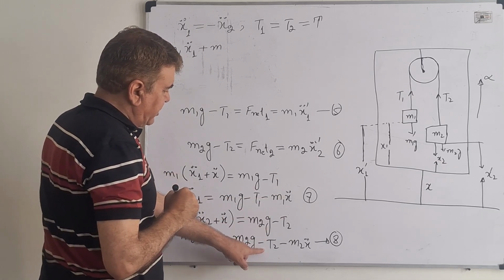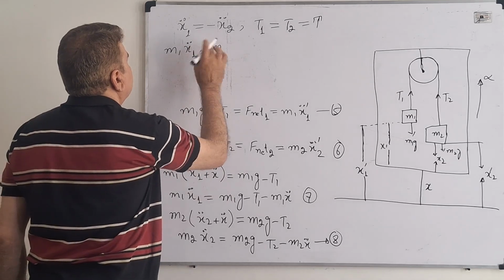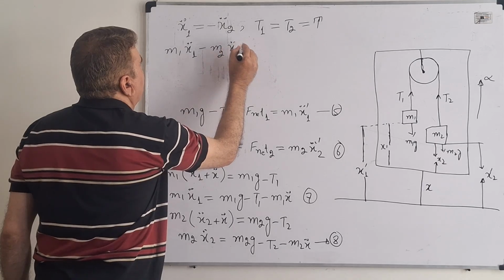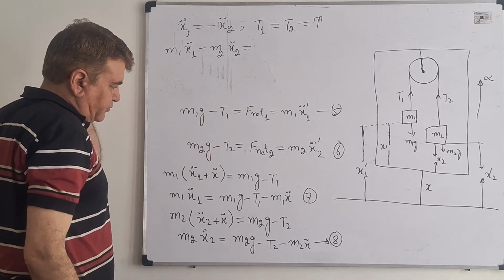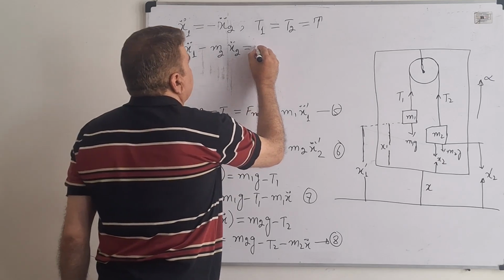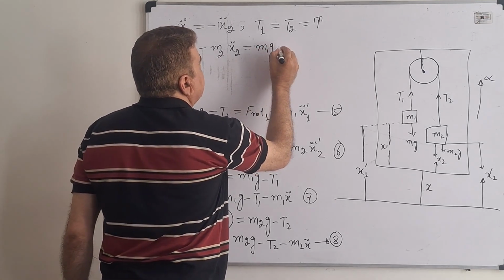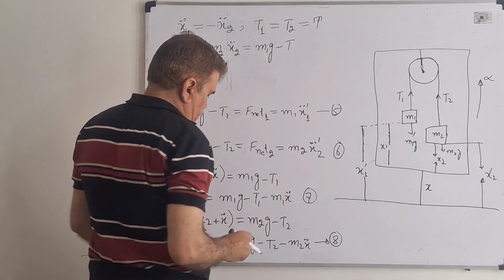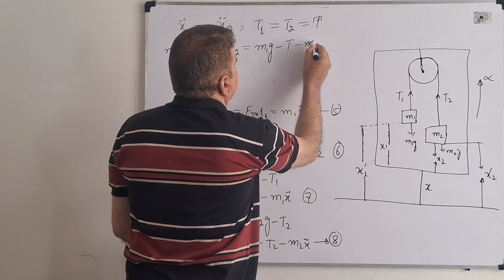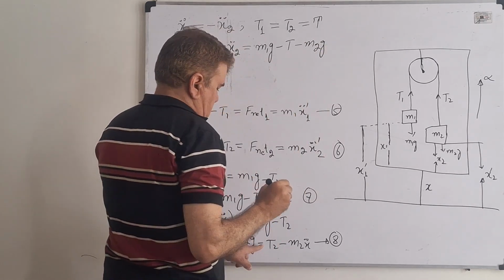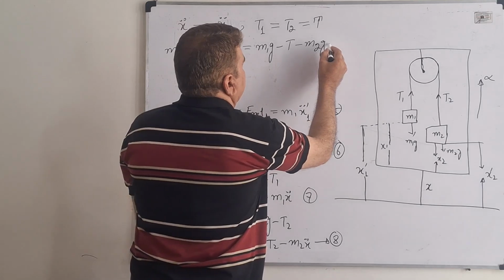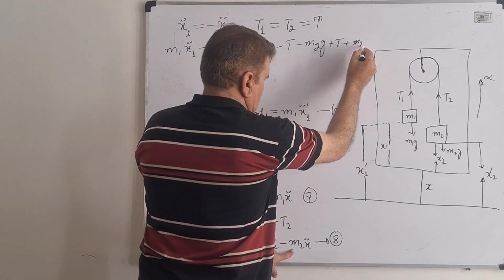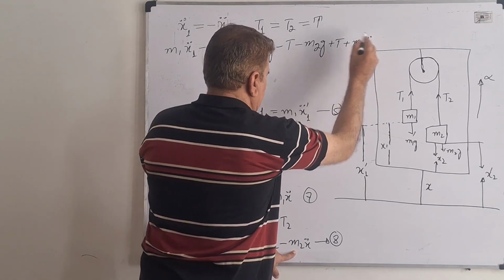So I put a minus sign here: m1 x double dot 1 minus m2 x double dot 2 equals m1g minus T, replacing T1 with T, and then minus m2g, and since I'm subtracting, this becomes plus T, and the last term becomes plus m2 x double dot.